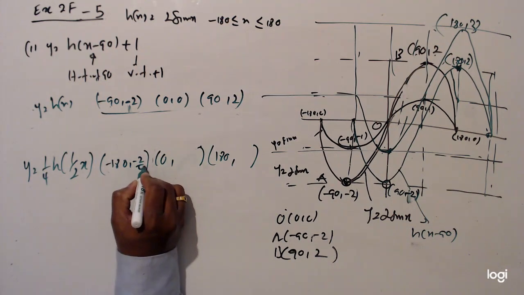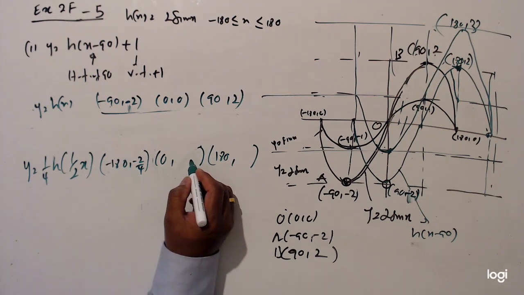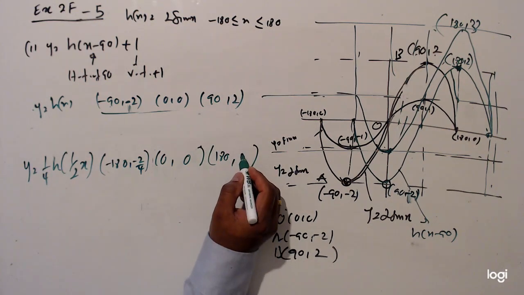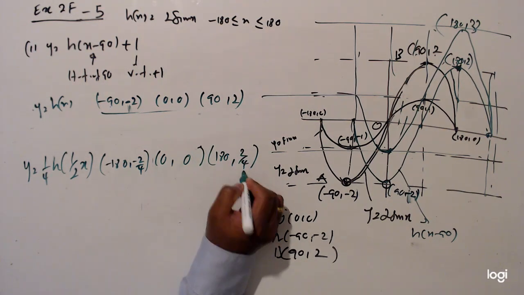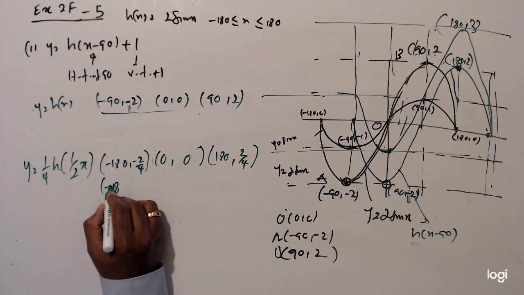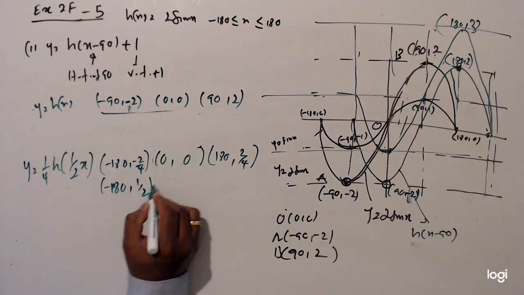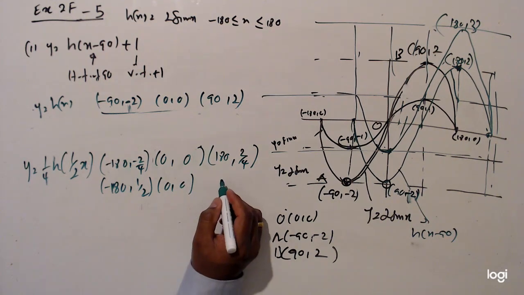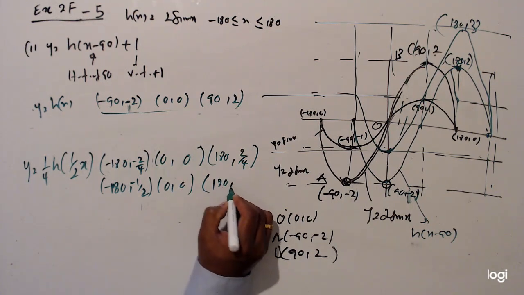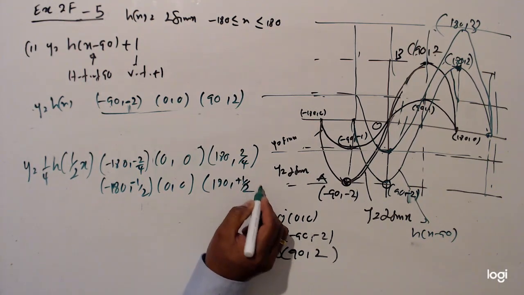So minus 2 divided by 4, which is minus half, and 0 divided by 4, 0, and 2 divided by 4 is again half. Minus half, positive half.